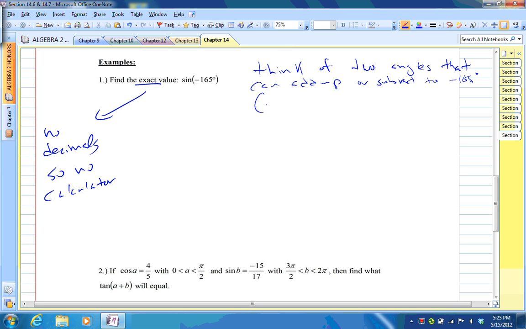And your 2 angles should be those used in the unit circle. So take a while to think about this. What 2 angles would you combine to get negative 165?